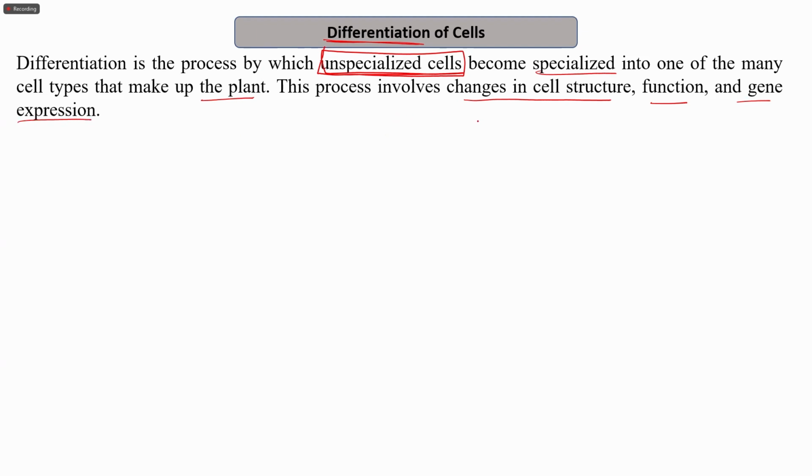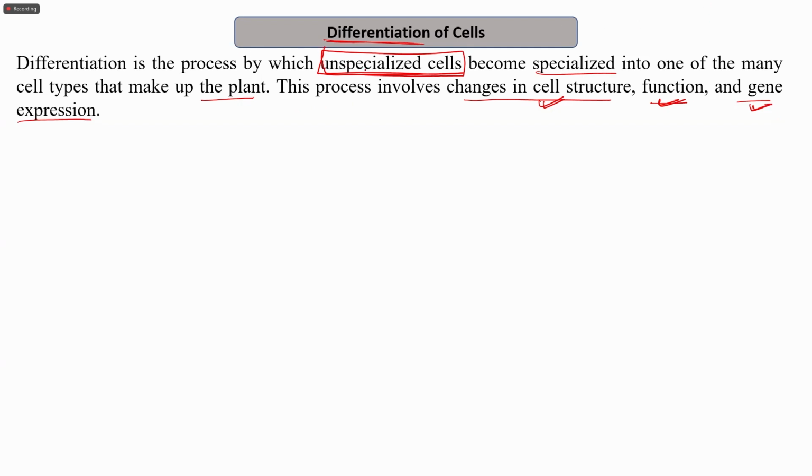We know there are various types of cells present within the plant. Each of these cells has a different cell structure, performs a different function, and has different proteins as a result of different gene expression.